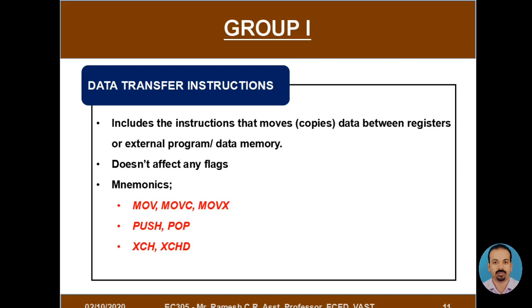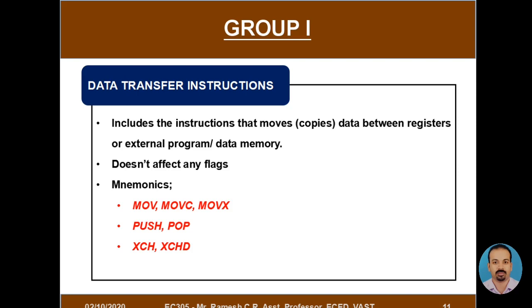In common, the mnemonics that we see in this instruction group are MOV, MOVC, MOVX. MOV is used for copying data between internal RAM locations or registers. MOVC is used between the internal RAM or the accumulator and the external ROM that you have interfaced. MOVX is the mnemonic used for transferring data from the external data memory, basically external RAM, to the internal register, that is the accumulator register.